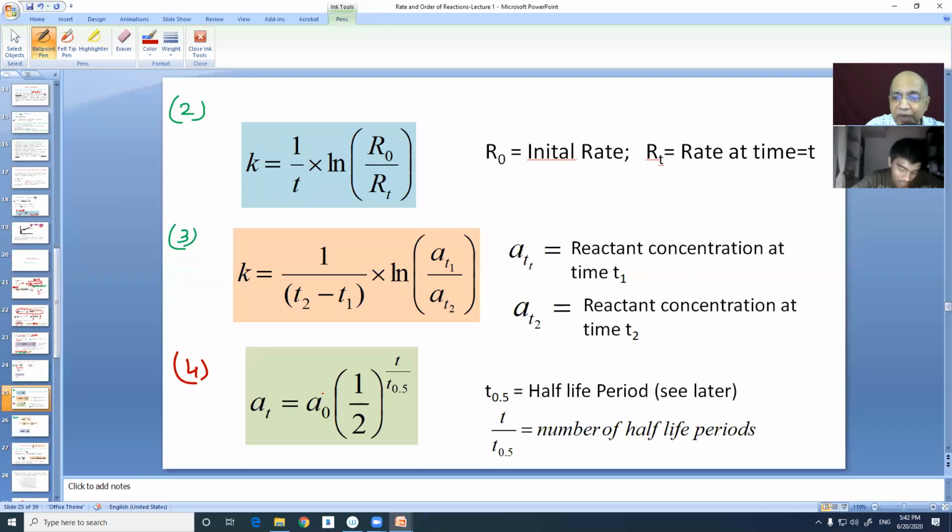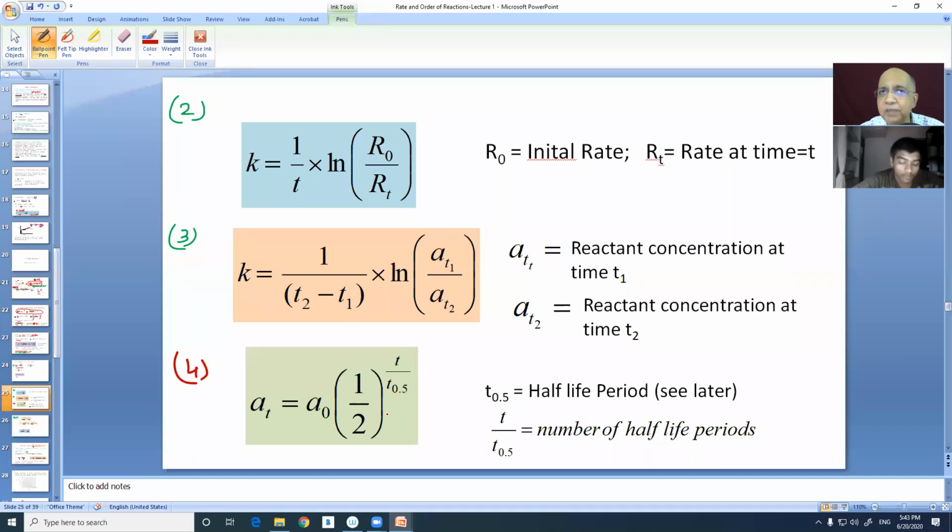So this is another way of expressing a first order reaction: At is equal to A0 into half to the power t by t half. Half-life period is just the time needed for a reactant concentration to reduce to half of its initial value. Supposing you have taken 10 molar to become 5 molar, what is the time?